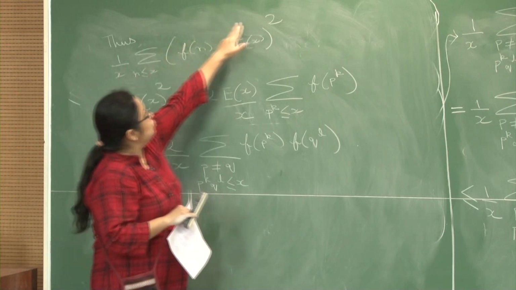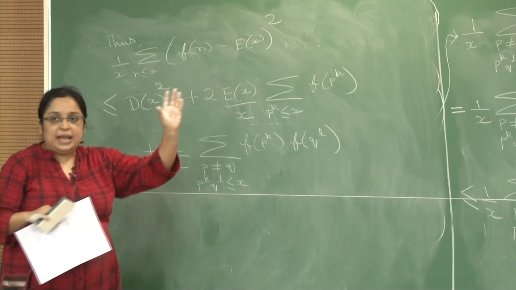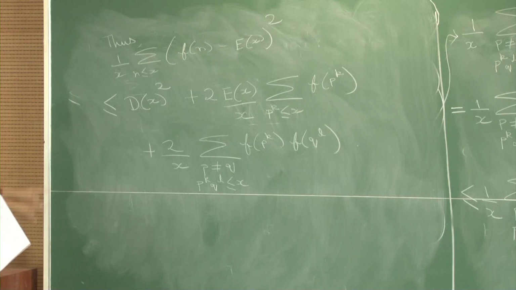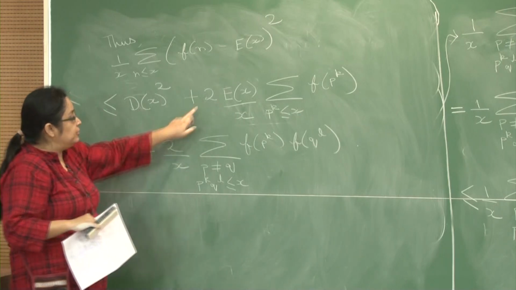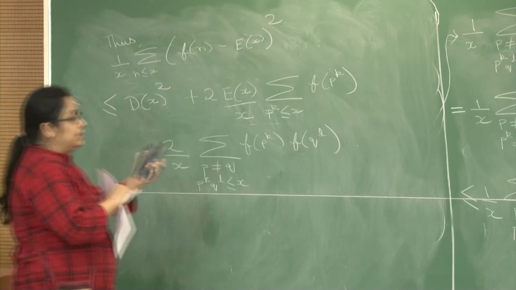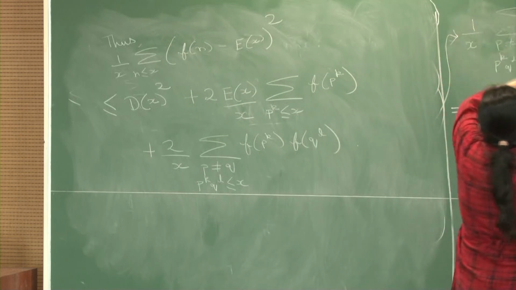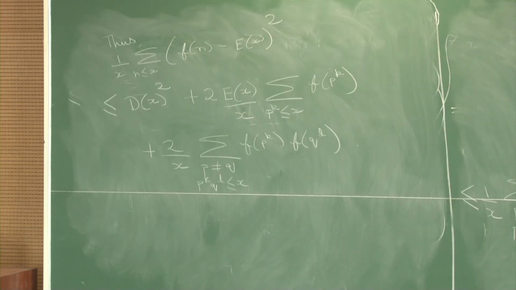We are trying to show that this whole thing is less than or equal to some epsilon times square of d of x. So now we have to relate these to our d of x, and this is where another very nice technique, namely the Cauchy-Schwarz inequality, comes into the picture. So this is what we now do.